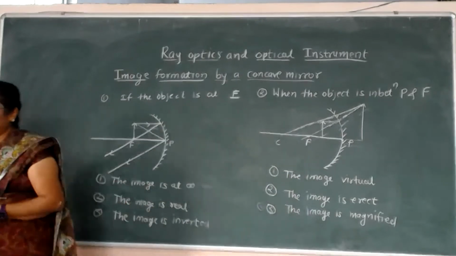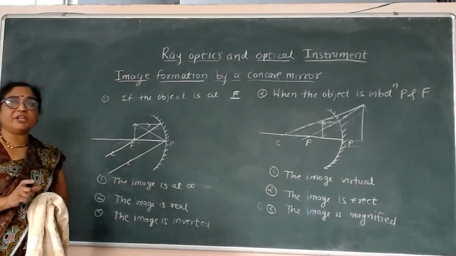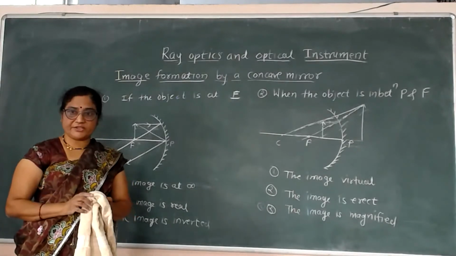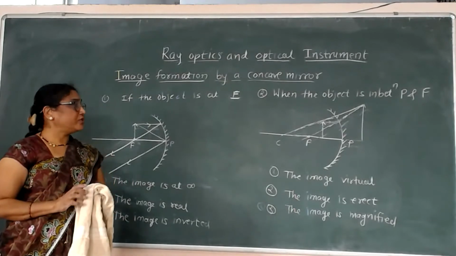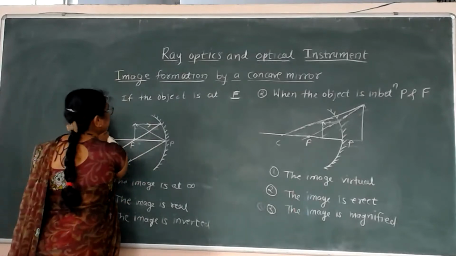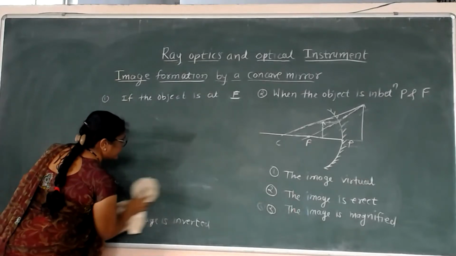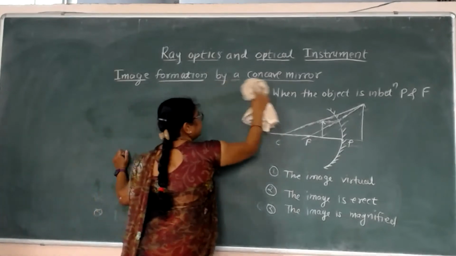So next part, the image formation due to the convex mirror. A convex mirror always gives a virtual image because in the convex mirror the rays diverge. So the image which is formed is known as a virtual image. Image formation by a convex mirror.